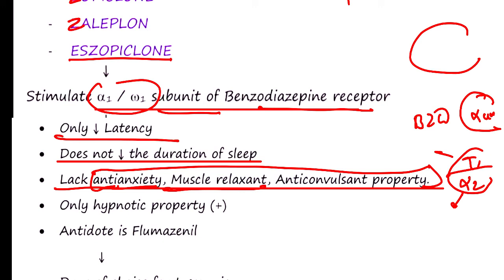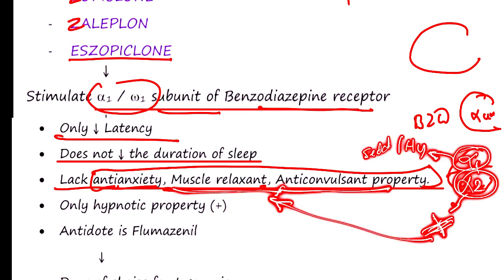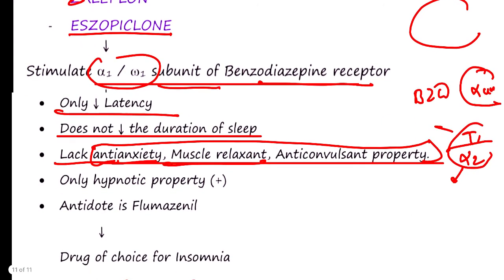Since this Z-drug acts only on the alpha 1 receptor, it will be involved only in hypnotic and sedative properties. The alpha 2 actions are not performed, so there will be no anti-anxiety, no muscle relaxation, and no anti-convulsive or anti-epileptic property. So that's simple. It will only show hypnotic property.